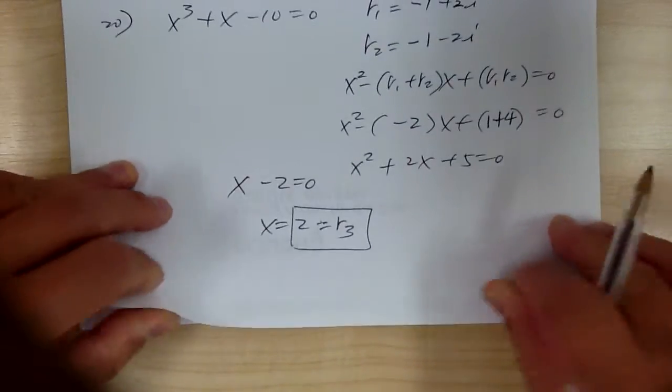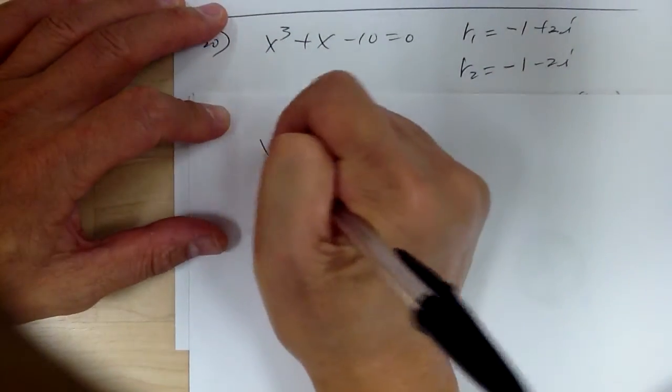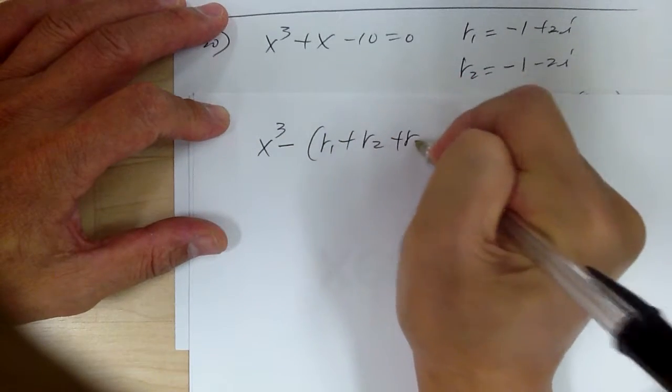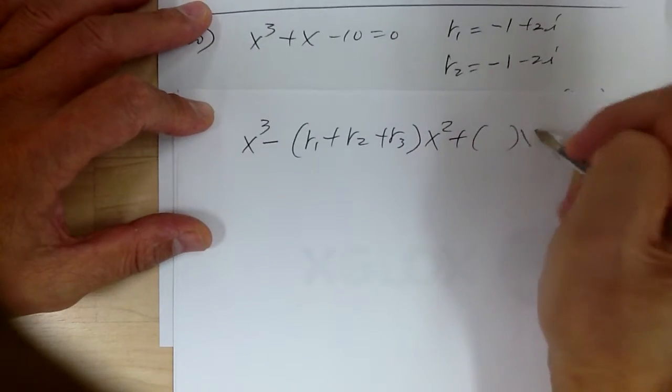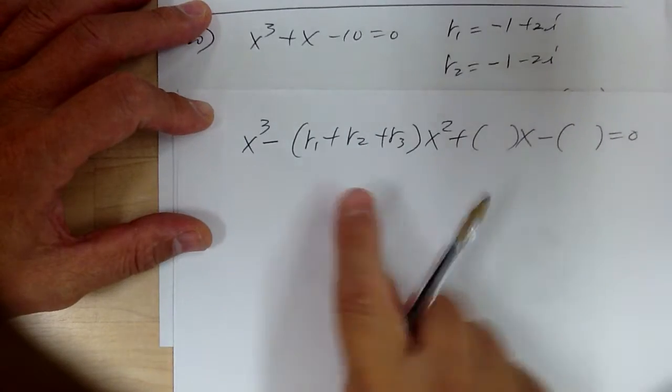Or there's another easy way to do this. You don't have to do all that. If you know your cubic equation, remember x cubed minus (R1 plus R2 plus R3) x squared plus something you don't care about, x minus something you don't care about. Now look over here.